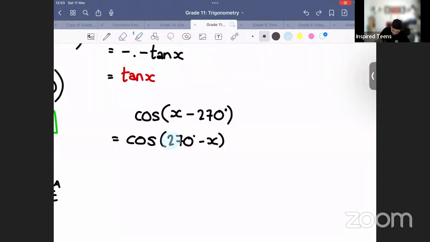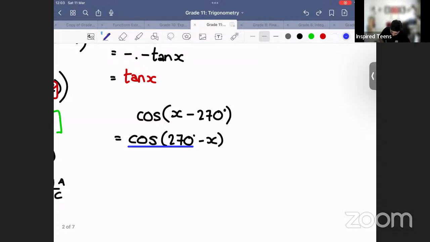Now we can reduce. Firstly, again, I noticed 270. Let's use our colors. 270 and cos, so I'm like, okay, it's going to change to sine. Secondly, what quadrant are we in? 270 minus. I draw up my little diagram, and 270 minus is in the third quadrant. Cos is negative there.